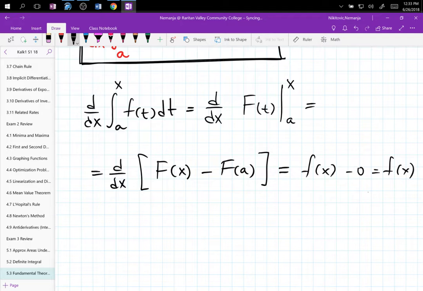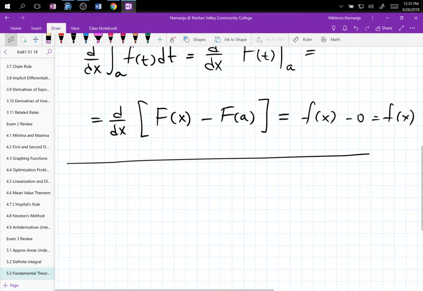It's a simple calculation that works out. That's a proof. As you can see, I integrated f of t, got the antiderivative F of t, that's capital, and when you differentiate that, you get f of x. So that's the proof.